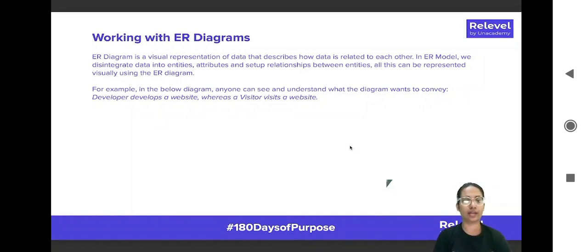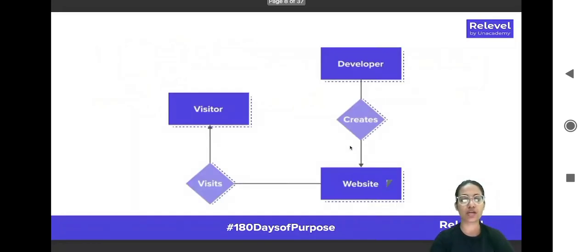using ER diagrams. For example, in the above diagram, you can see that if you want to convey that a developer develops a website, whereas a visitor visits a website, okay? Look over here. So what kind of relationship are we trying to display over here? That a developer creates a website and a visitor visits a website.